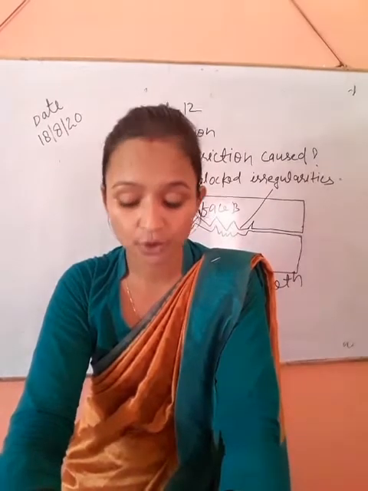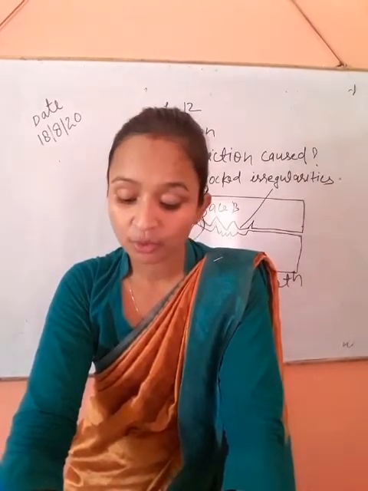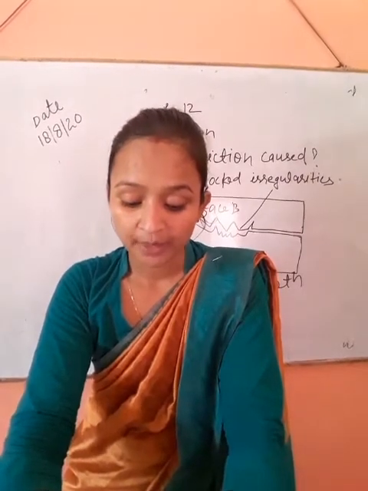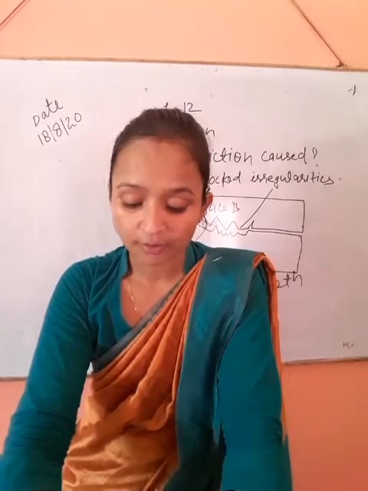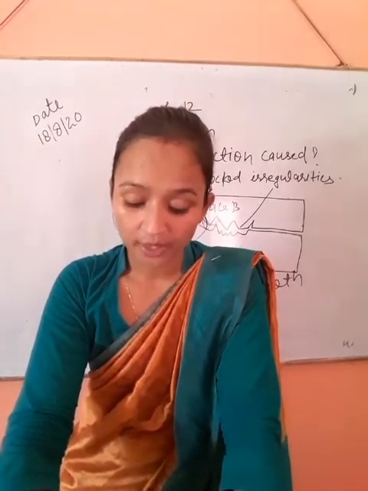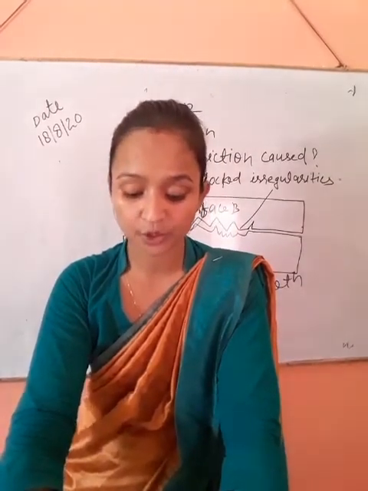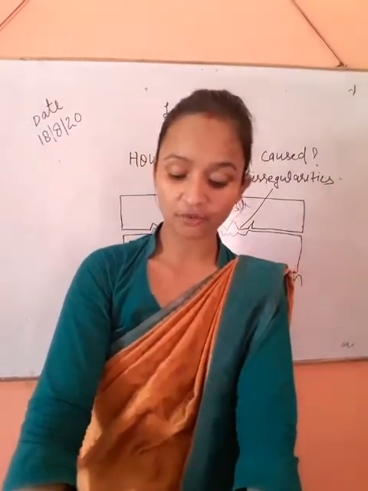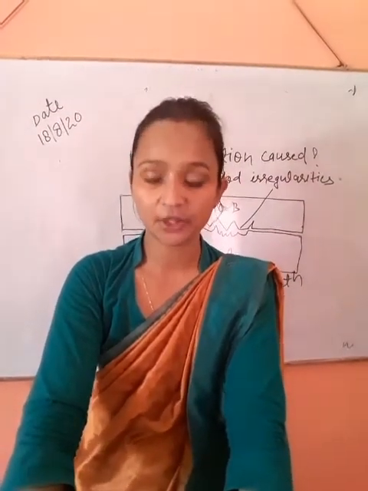Now increase the force a little more, and you will notice that the wooden block does not move, but the spring balance records a higher magnitude of applied force. From this observation, it can be concluded that when the wooden block does not move and remains static, the applied force is equal and opposite to the force of friction.